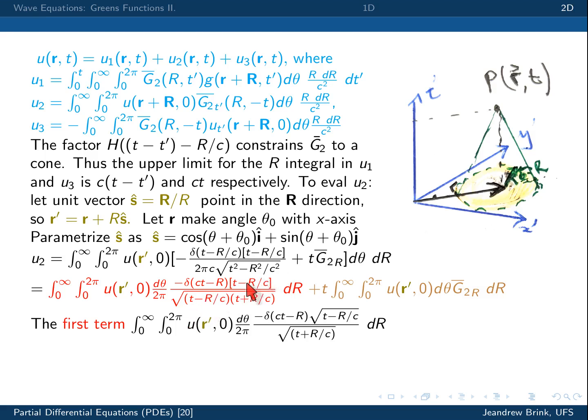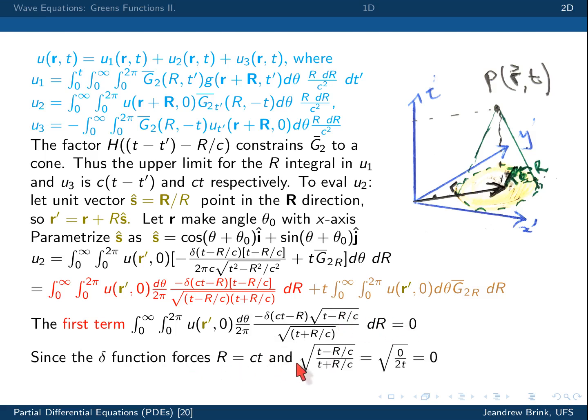And so when our delta function fixes r equal to ct, this term over here effectively becomes 0 because the numerator becomes 0. Okay, and I'm just going to write it out since basically the delta function forces that. And then you have this thing basically becoming 0 over 2t.